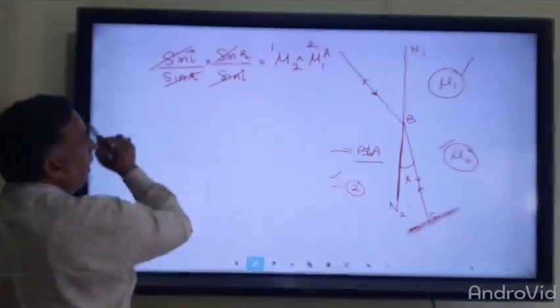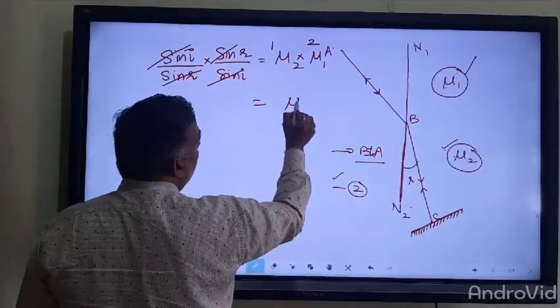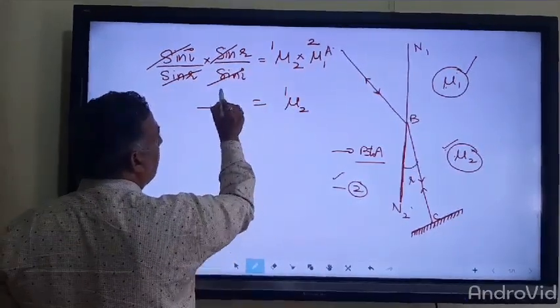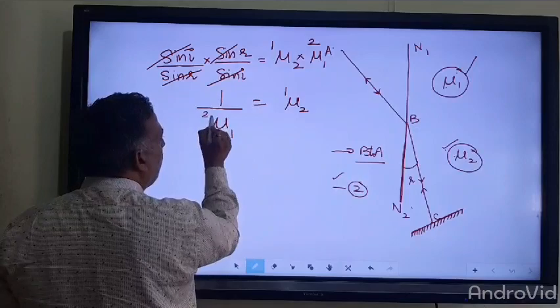So this cancels out. So the refractive index of 2 with respect to 1 is equal to 1 upon the refractive index of 1 with respect to 2.